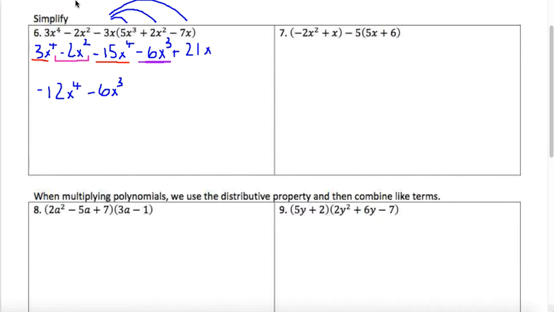And just in the nick of time, I noticed this should be 21x squared because it was negative 3x times negative 7x. So we have negative 2x squared plus 21x squared gives us plus 19x squared.